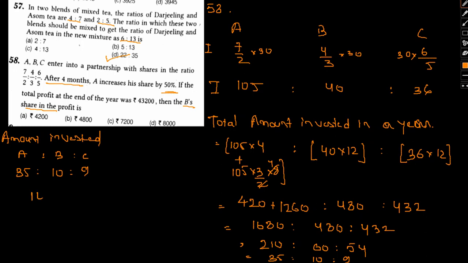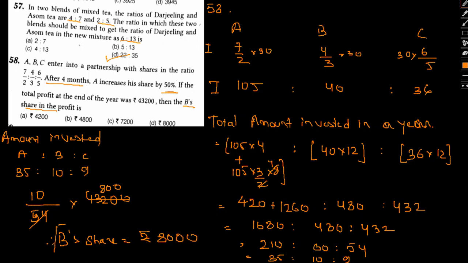So B's share will be 10 by 35 plus 10 plus 9, so 10 by 54, into the amount, which is 43200. If we solve this, it comes out to be 8000. So B's share will be rupees 8,000.